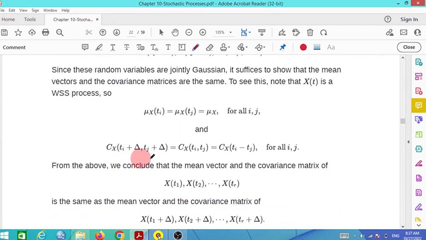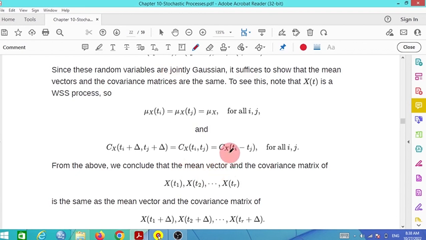The covariance matrix of X at Ti plus delta and Tj plus delta is the same as the covariance matrix at Ti and Tj, because it depends only on the time difference, not on the initial or end point.